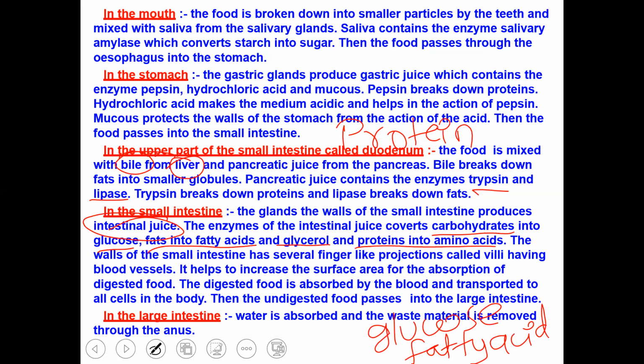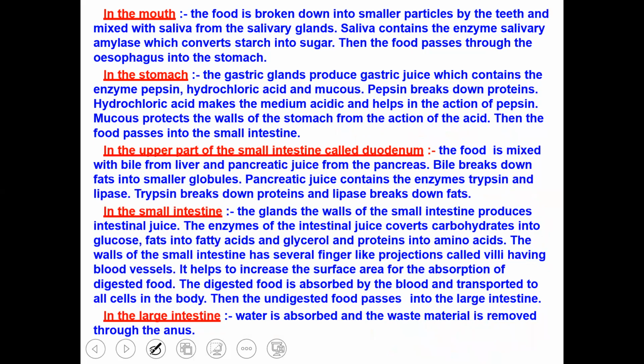And the walls of the small intestine, a pipe like structure, will be having finger like projections which are called as villi. So these villi help in absorption of the food, as they increase the surface area.